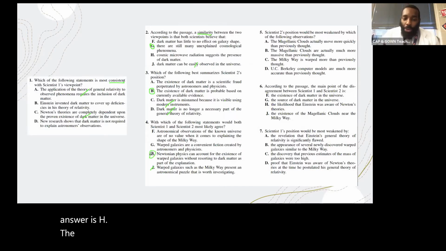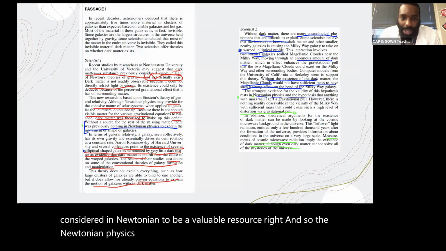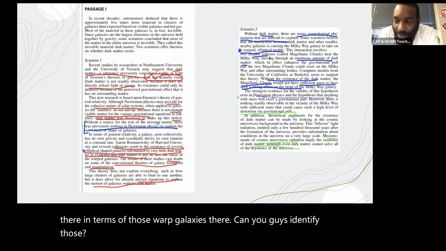Remember we talked about how they both would consider the Newtonian to be a valuable resource, right? The Newtonian physics, they make some statements there in terms of those warp galaxies. Can you guys identify those? What are they saying there?